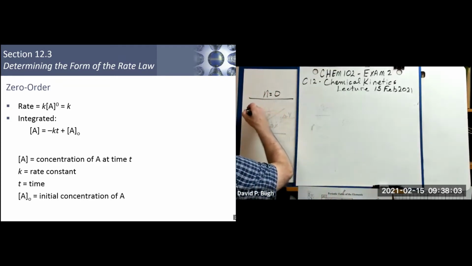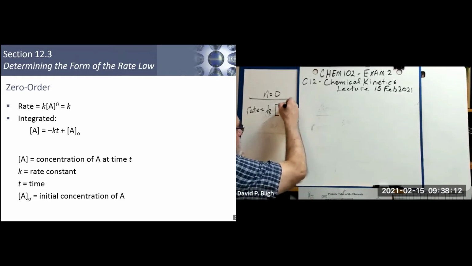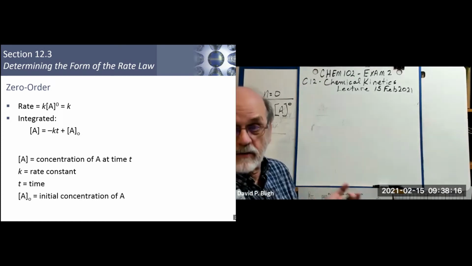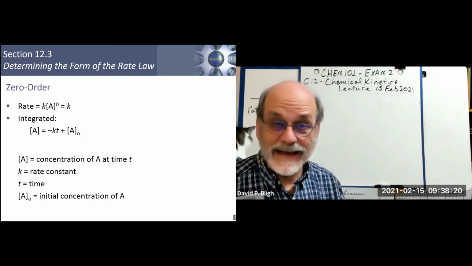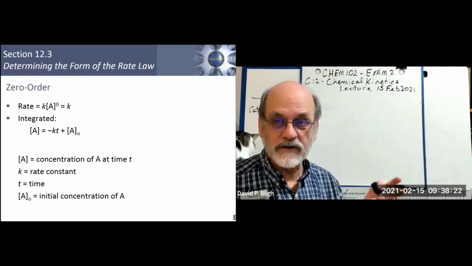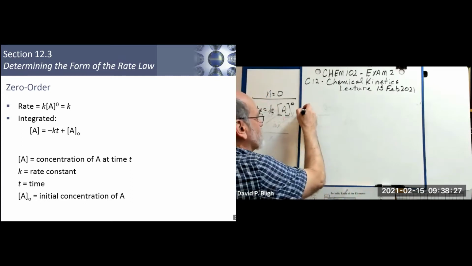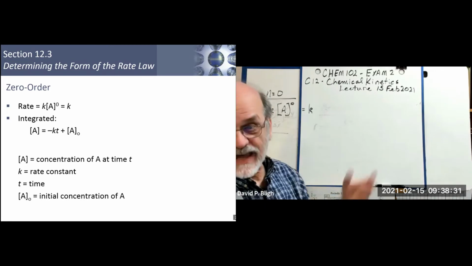I mean, just like we wrote it before, rate equals some constant, concentration of our reactant to the 0 power. Okay, that's a 0 order reaction. And notice from math, any number raised to the 0 power is 1. So that term actually disappears. And that becomes K, right?